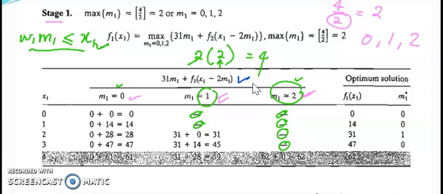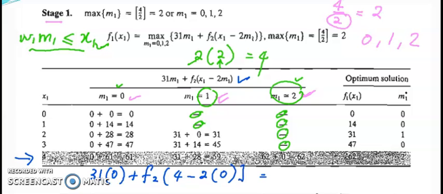Now, using this equation, find the values of all these feasible solutions. For example here, when x1 equals 4, maybe it's not clear here: 31 times 0, m1 equals 0, plus f2 of x1 equals 4, minus 2 times 0. So it will be 0 plus f2 of 4 minus 0, which is 4.